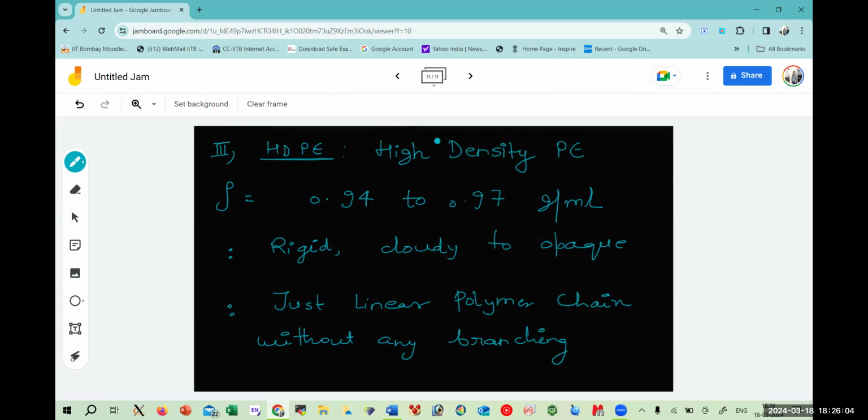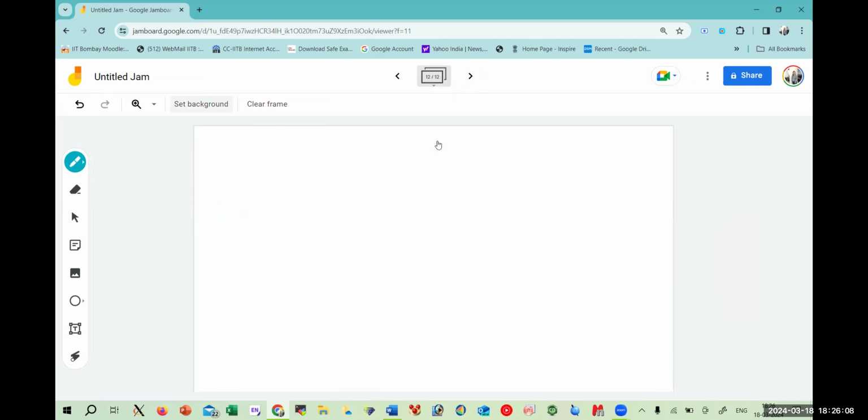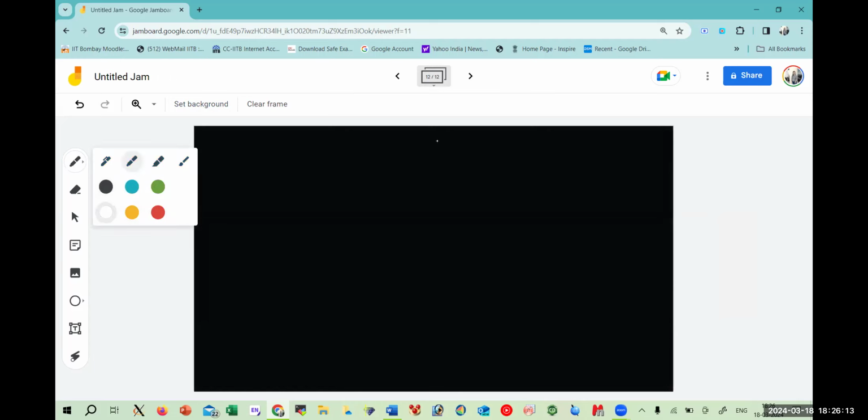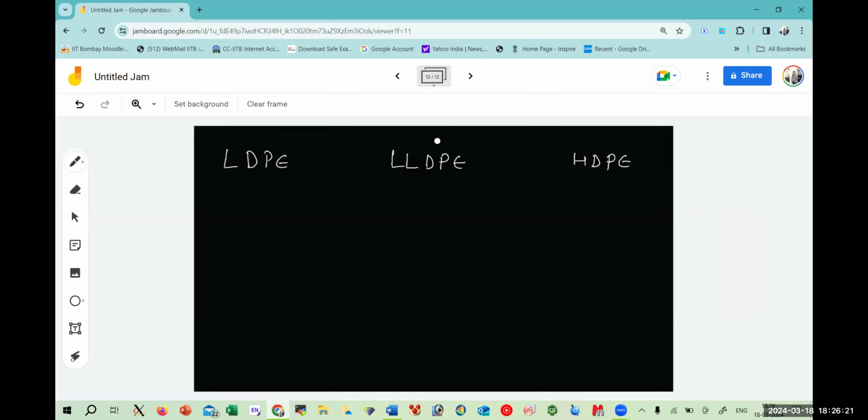So I guess it is clear now. We can easily summarize that we have LDPE, we have LLDPE, we have HDPE. This one is flexible. This is also flexible, and this is rigid.